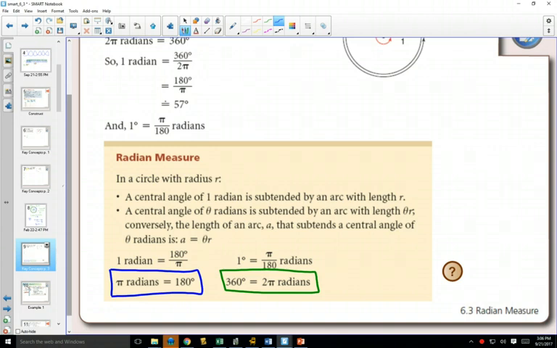Like degrees has a little degree symbol, is there a symbol for radians? There is no symbol for radians. With degrees, you always have a degree symbol. In grade 11, if you forgot the degree symbol, you lost half a mark, and you thought, oh, everybody knows what I'm talking about. But technically, if you label something as 30 and forget the degree symbol, it's automatically radians.